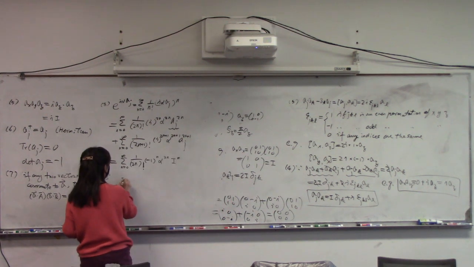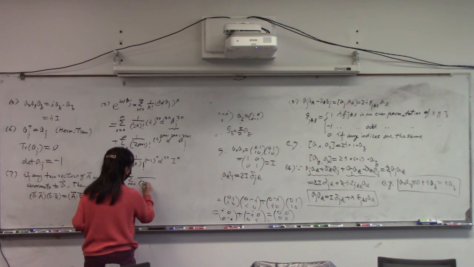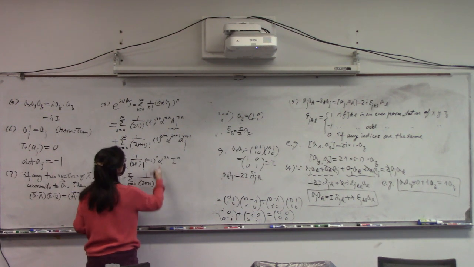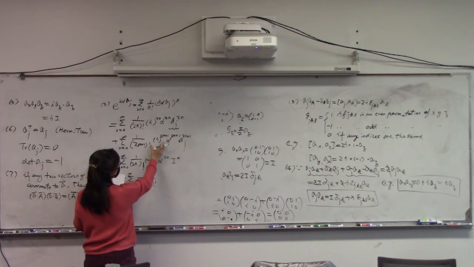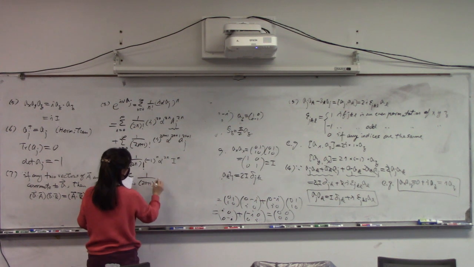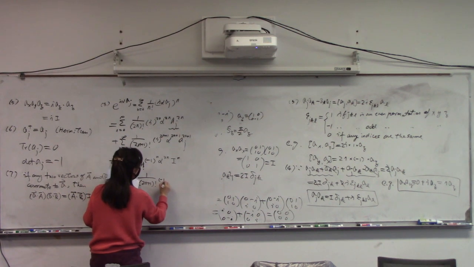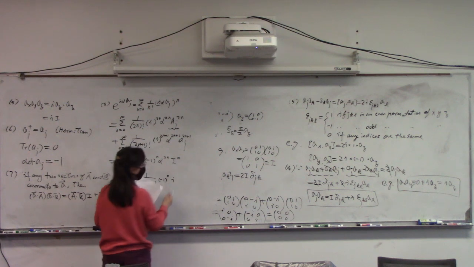Okay, so next step. 2n plus 1 factorial. Now here, this one. Since I can separate, i to the 2n is minus 1 to the n, and I, right?